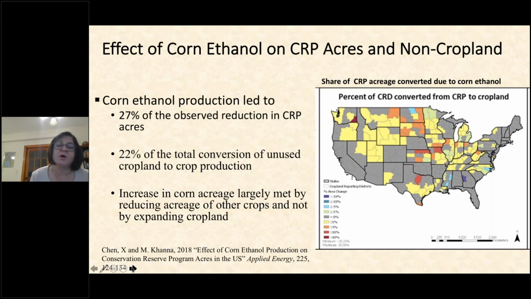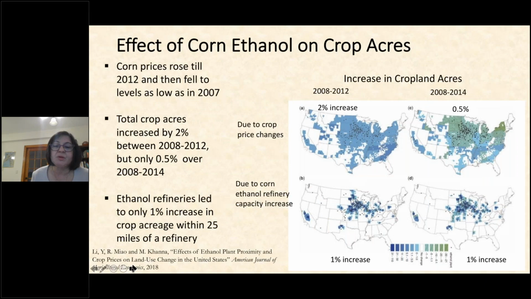A lot of the minor crop areas declined, and the overall increase in total cropland was much smaller than was observed or attributed to corn ethanol. And so total land use change as a result of biofuels has been fairly small. Next slide, please.